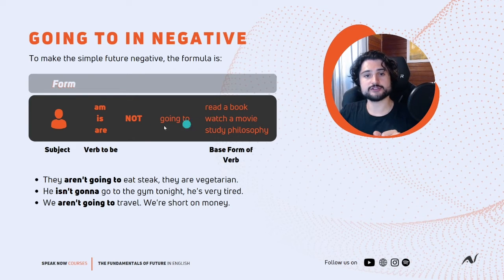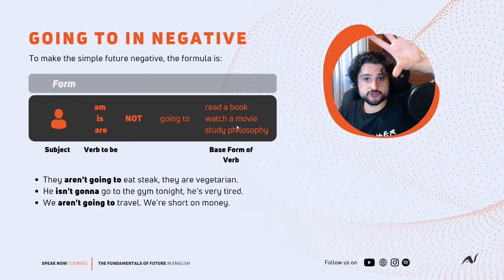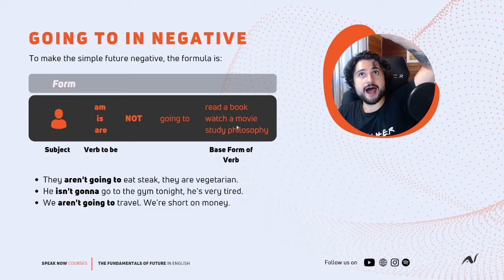Let's do this exercise together. I would like you to pause this video and first listen to what I tell you, then you can pause the video. I would like you to build with all the subjects, I, you, he, she, it, we, and they, the going to sentence with watch a movie, right? So, for example, the first one I will tell you is, I am not going to watch a movie.